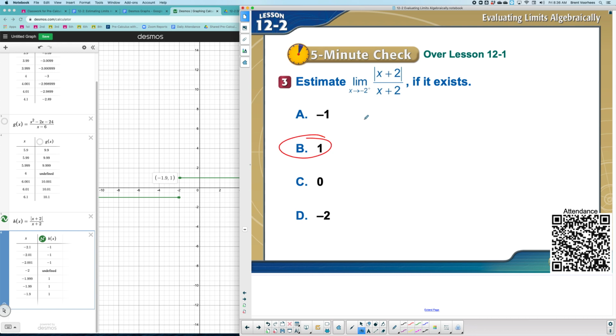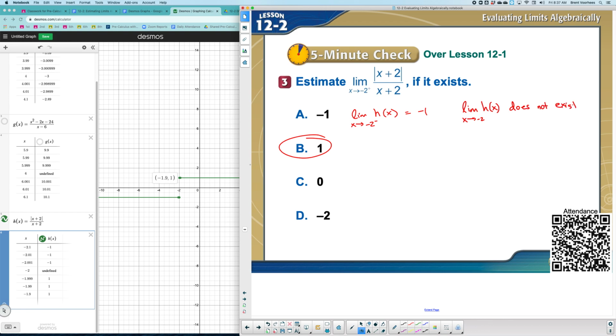Now conversely, if you needed to know the limit, and I'm going to call this h of x just for short, the limit of h of x from the left side would be -1, which means the limit as x approaches -2 of h of x does not exist.